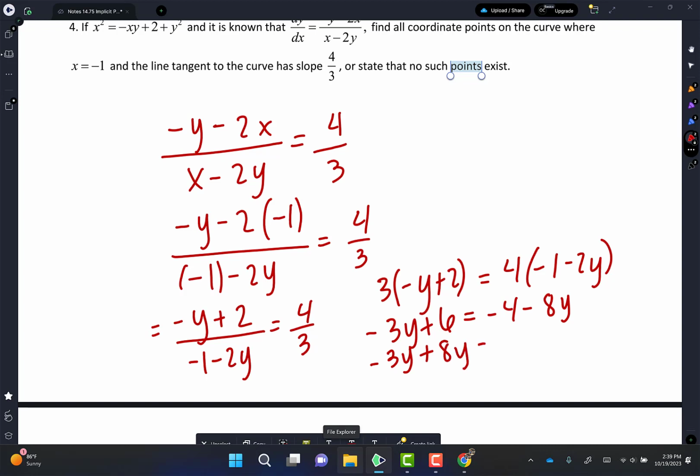It doesn't matter what side, as long as you know what you're doing. Then that's going to be 5y equals negative 10. So y equals negative 2. Perfect. And we're then going to test it. Your point is negative 1, negative 2, and you just plug it back in.